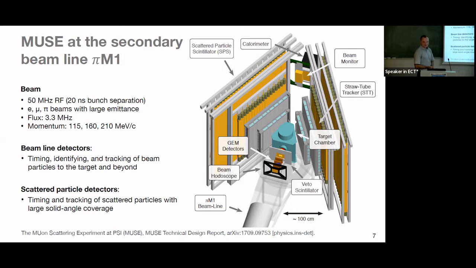These systems include the beam hodoscope to identify the particles, the GEM detectors to track the incident particle trajectory. Then we do have a liquid hydrogen target, and scattered particles are recorded in the STT, our tracking device for the final state particles, and the plastic scintillators for timing and triggering.